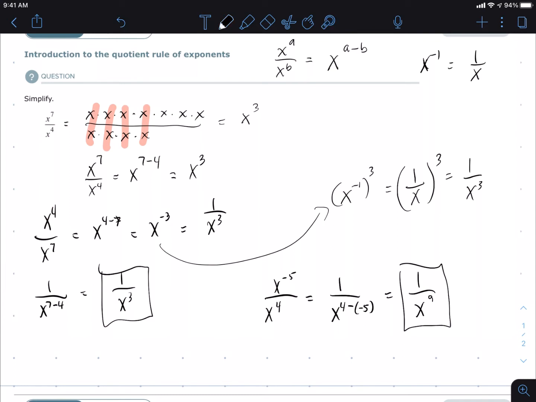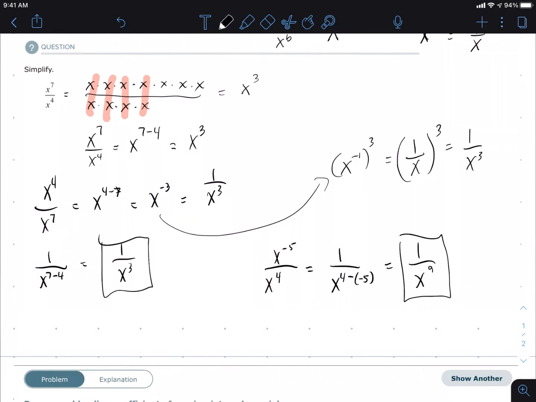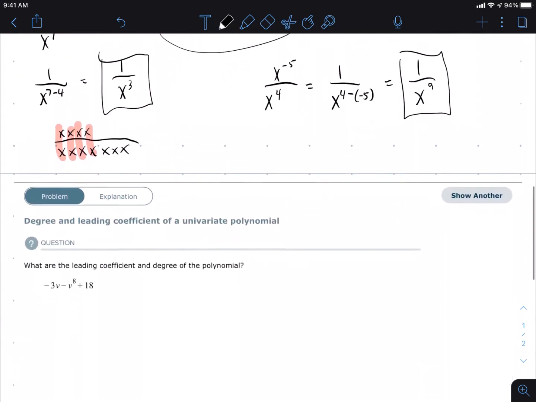And then by the same token, this one that I did here with the x to the 4th over x to the 7th, it was x times x times x over x times x times x times x times x times x times x. And what did we see? 4 of them again disappeared or got canceled, and so we only had x to the 3rd in the denominator. Okay? All right, off to the next one.